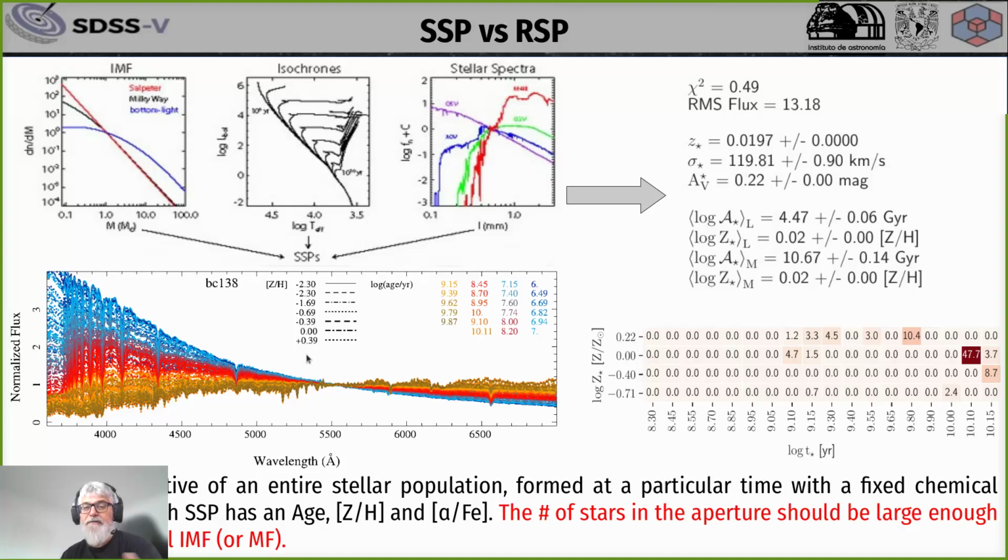Again, if you have just one single star or a very small number of stars, you are not going to sample the IMF. You cannot trace all the locations in the isochrone because you will have one star here and one star here, and therefore you can go through the stellar library and fit individual ones.